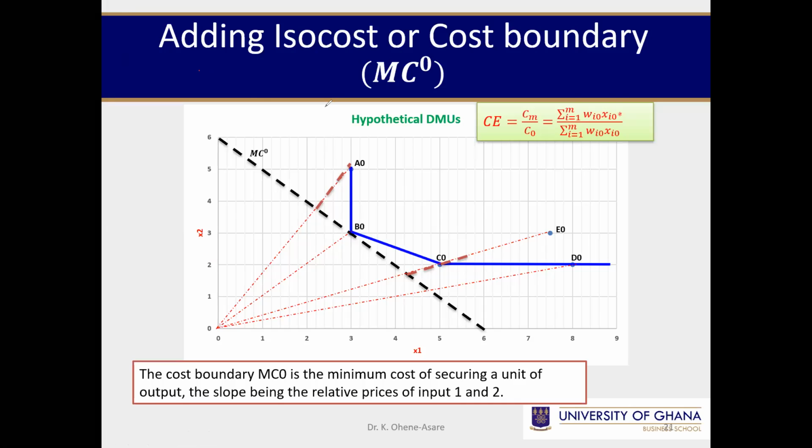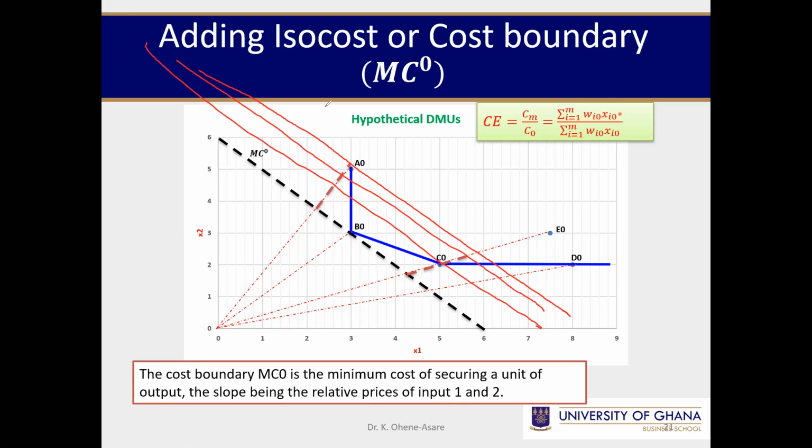Because it's going to be 8, the graph is going to be something like that. As you shift it down and down, it's still going to be at the tangency point of B. Do you get it? Yes, sir. So that is how you get an isocost line for that particular DMU.